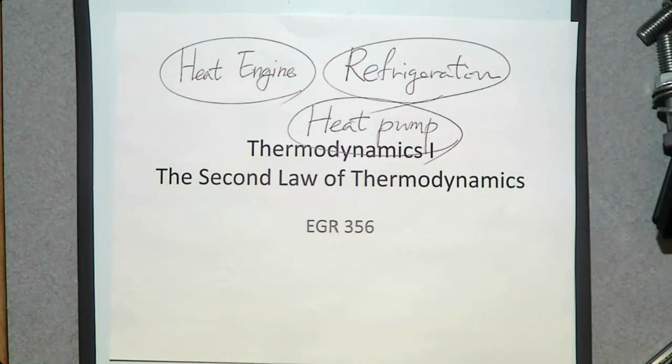I saw my refrigerator this morning. You saw yours this morning, right? But a heat pump is also a type of refrigeration system, but we use a heat pump to heat a house, to heat a building. So we are actually using a refrigerator to heat a building. Okay? Make sense?